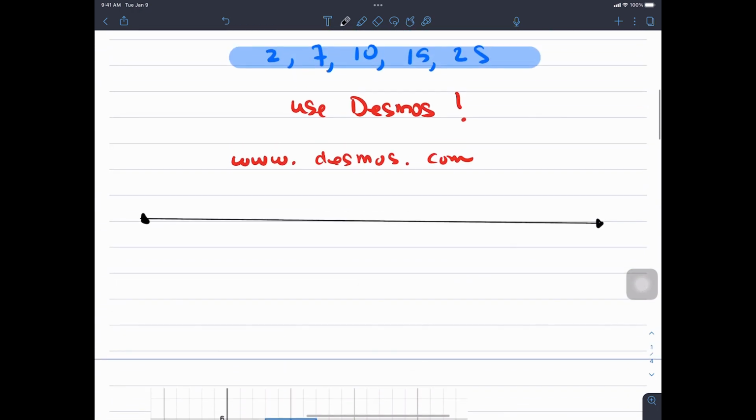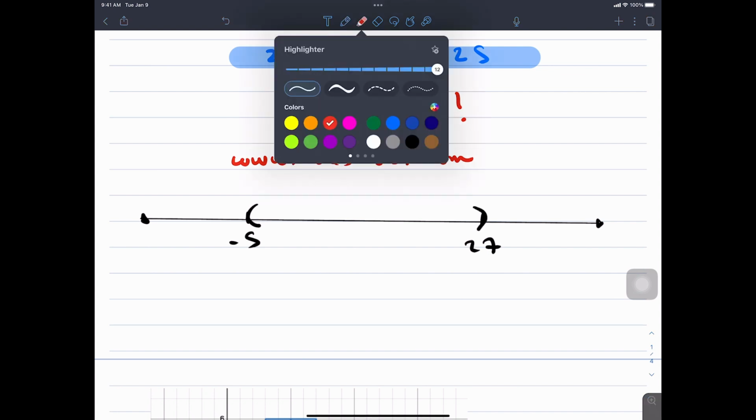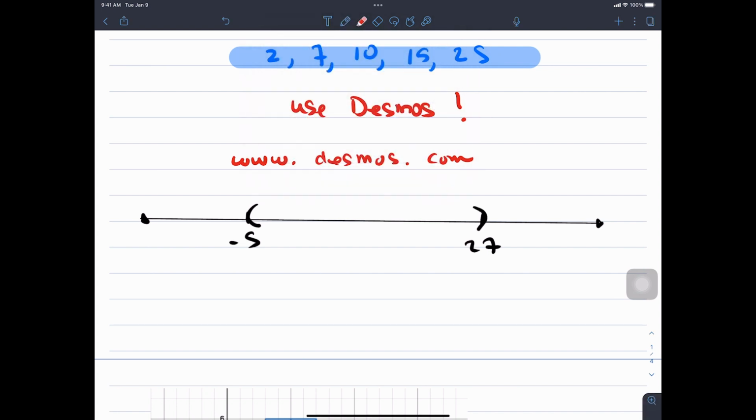-5 to 27. So here's my -5. Here's 27, okay? You have to be outside here, these numbers. You got to be to the right here and to the left here as a data value. This is not unusual. This is not our z-values.